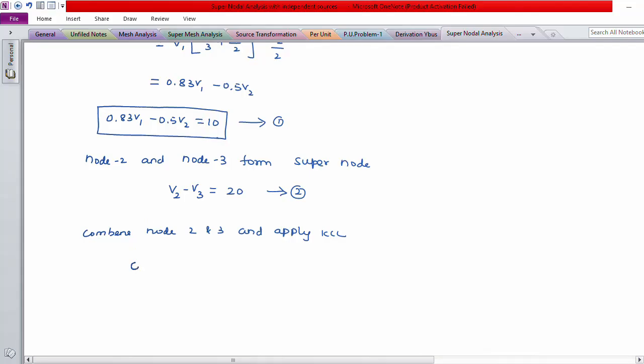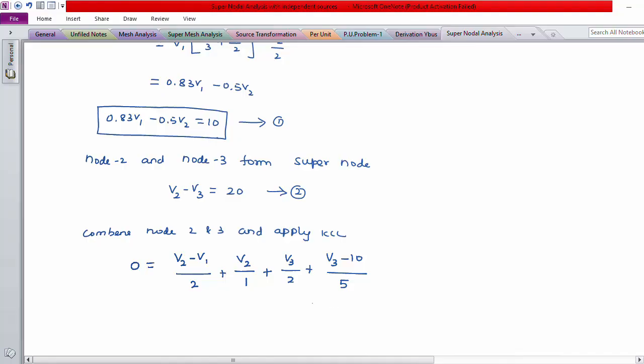There are no current sources connected, so we can write 0 equal to V2 minus V1 divided by 2 plus V2 divided by 1 plus V3 divided by 2 plus V3 minus 10 divided by 5. So these are the node equations for the combined node 2 and node 3.